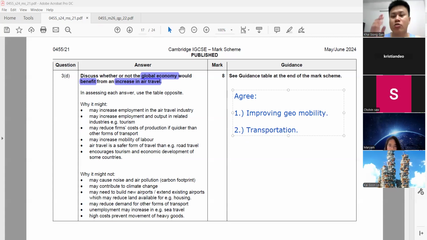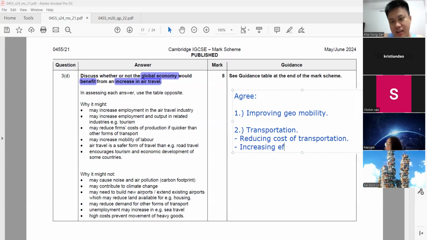Okay, so for transportation, you must talk about lower cost, reducing the cost of transportation, and increasing efficiency. These are the words that you must use to explain these keywords: increasing efficiency, easing the delivery of goods and services.